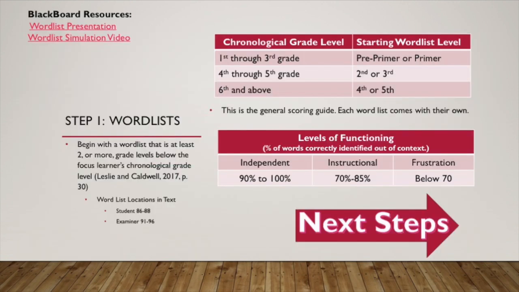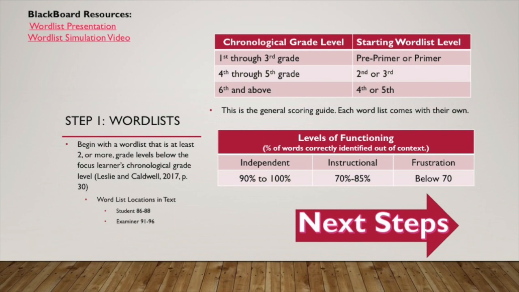Once you've identified your focus learner, you're going to complete step 1, administering the word list. These charts are also available in your book, and they show you where you should start depending on the focus learner's chronological grade level.